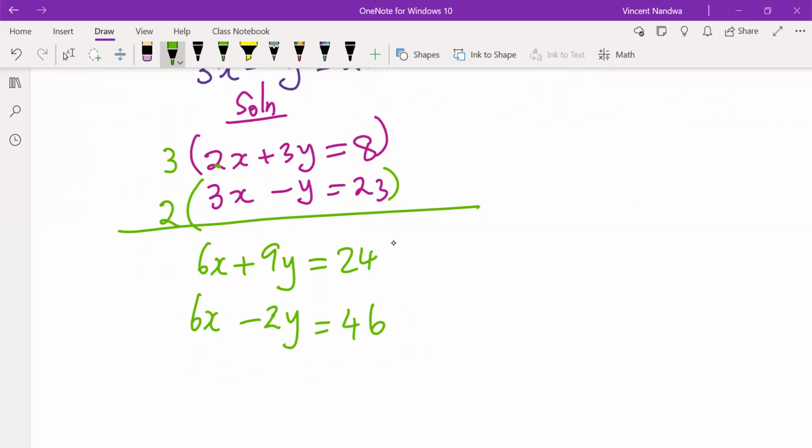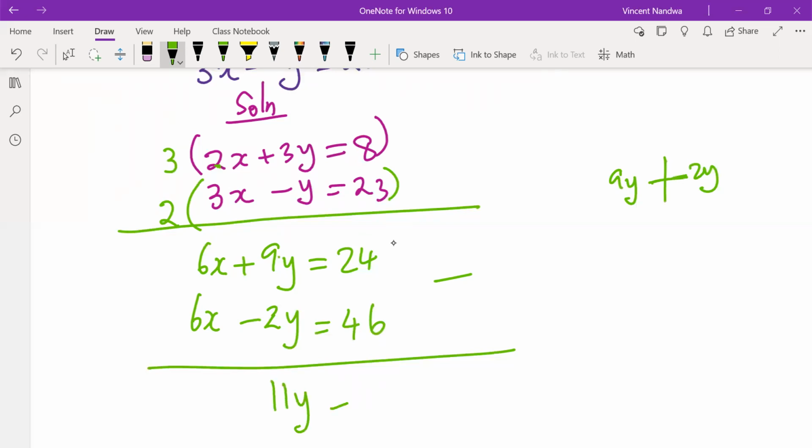Now 6x and 6x, to get 0, we have to subtract. So we are going to subtract these two equations. So here we have 9y minus 2y. So minus is plus, so this will give us 11y, and then 24 minus 46 is minus 22.